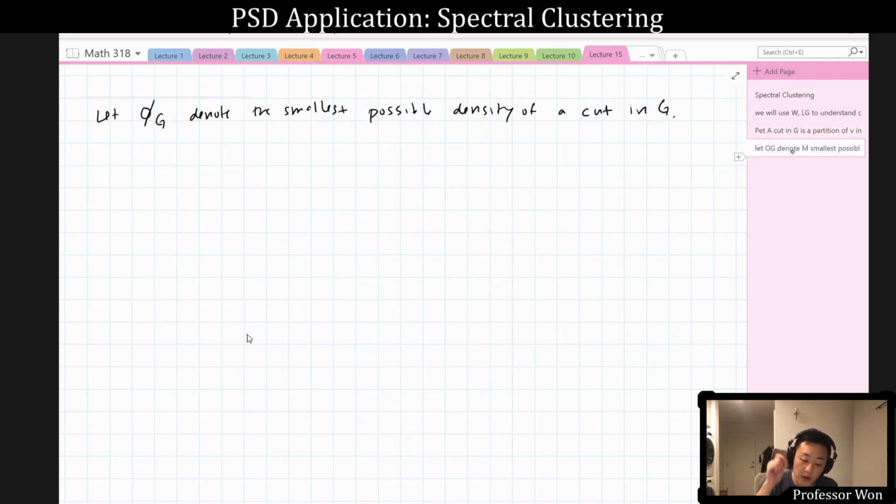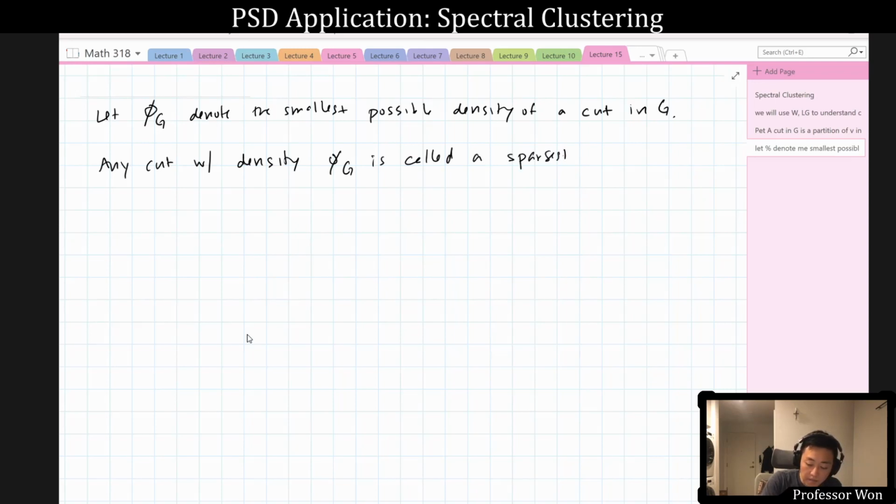And so you call that smallest possible density phi sub G. That's a unique number. And any cut with density as small as possible is called a sparsest cut. Okay, and there could be more than one sparsest cut.